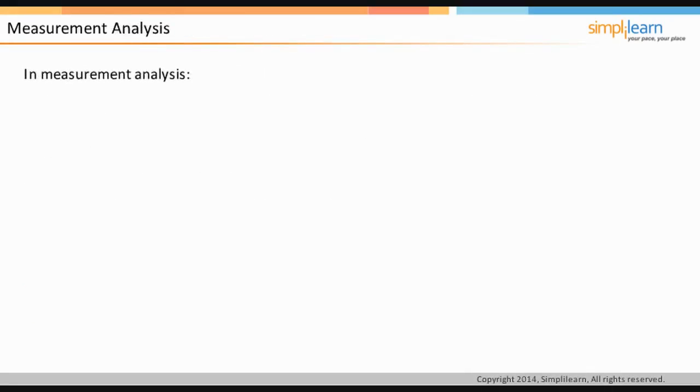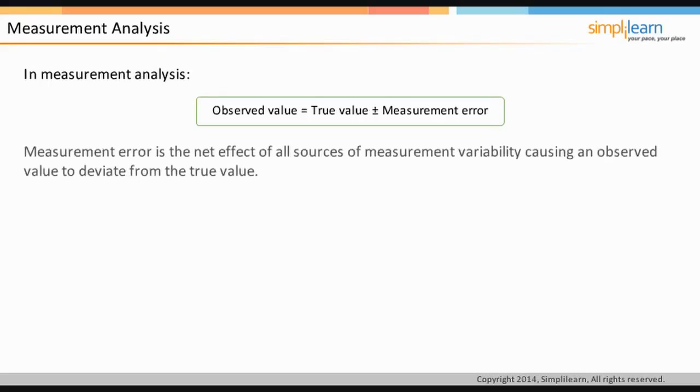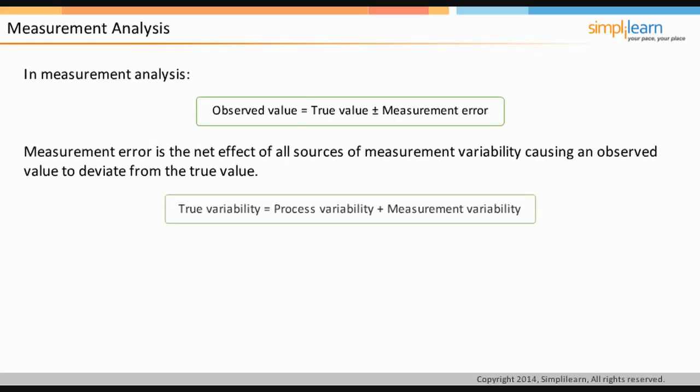In measurement analysis, the observed value is equal to the sum of the true value and the measurement error. The measurement error can be a negative or a positive value. Measurement error refers to the net effect of all sources of measurement variability that cause an observed value to deviate from the true value. True variability is the sum of the process variability and the measurement variability.